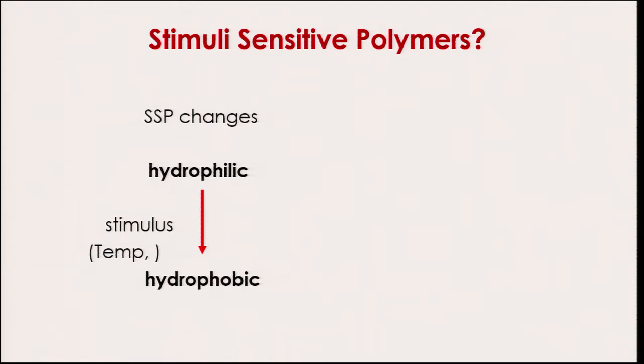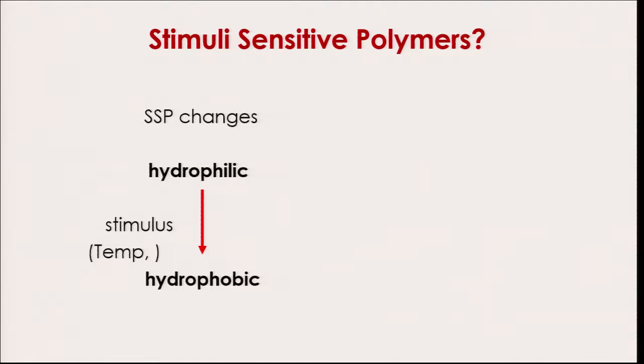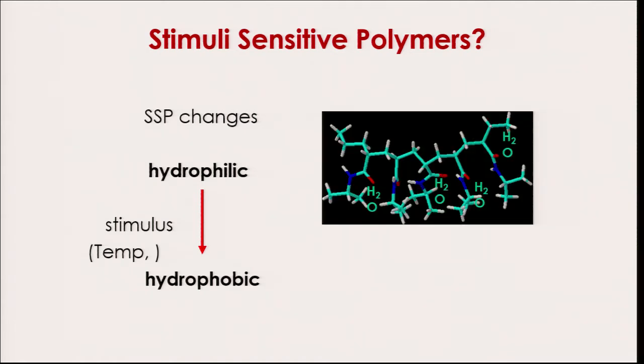During this, the polymer changes in the solubility. Below the transition temperature, the polymer is soluble, and above the transition temperature, the polymer comes out of the solution or becomes insoluble. But what happens if we have a cross-linked polymer?